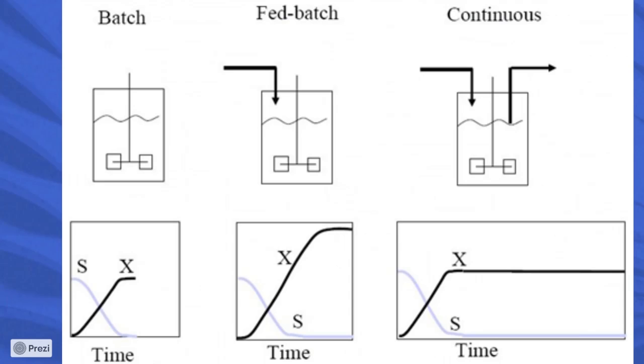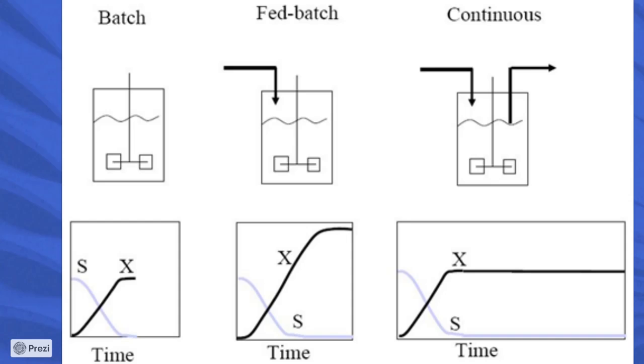To summarize, the biomass concentration increases with a decrease in substrate concentration in the reactor, and the substrate concentration reaches 0 as the biomass enters the stationary phase. In the fed batch system of cultivation, the substrate is fed into the reactor at periodic intervals, and the substrate concentration never reaches 0, hence the biomass remains in the log phase.